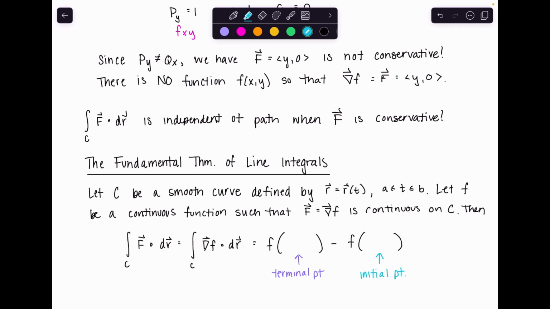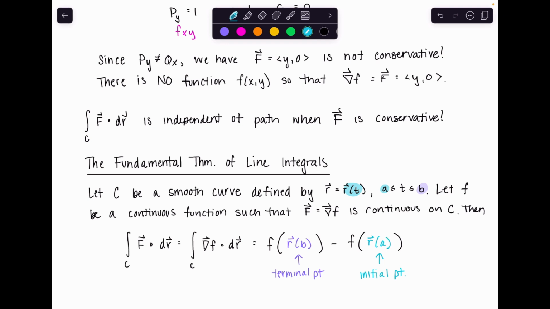What you would do to find the terminal point is plug in b into this vector function, and that gives you the coordinates for that ending point. So this is r of b, whatever those coordinates are. And then likewise, to find the starting point, you plug a into the vector function, if that's what's given to you.